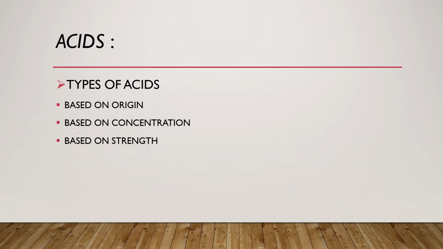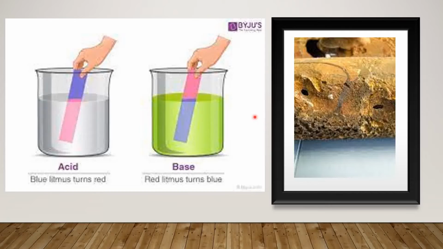Now let's learn the properties of acids. Characteristic properties of acids are as follows. They are sour to taste, but note, you should never try to taste them. They are corrosive in nature, especially mineral acids, and can erode or eat away metals like iron and aluminum.